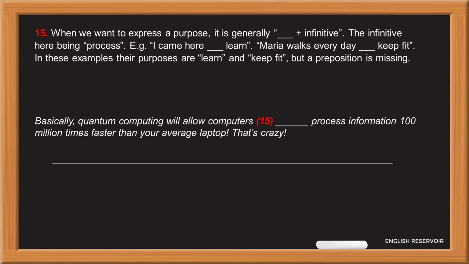In these examples, their purposes are learn and keep fit, but a preposition is missing. Basically, quantum computing will allow computers to process information 100 million times faster than your average laptop. That's crazy.